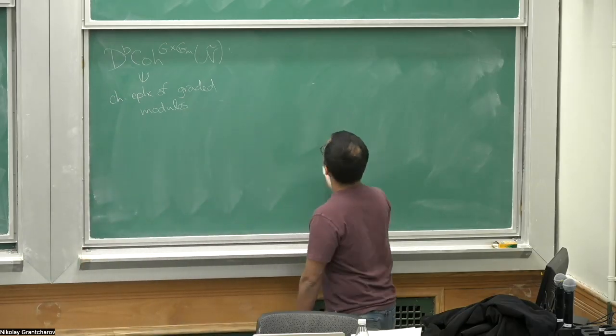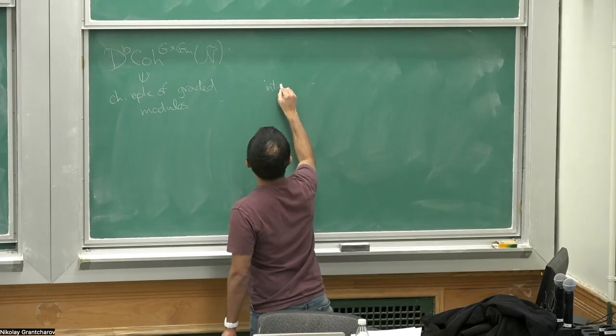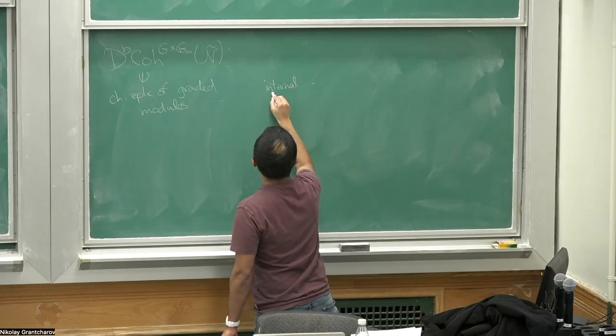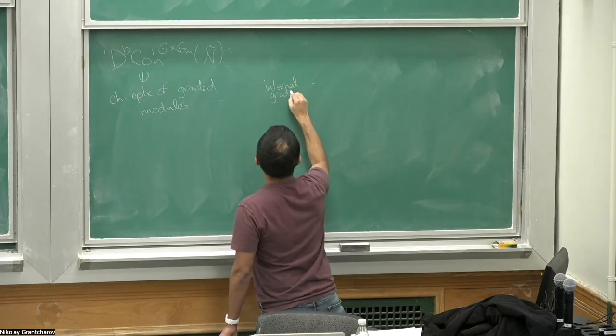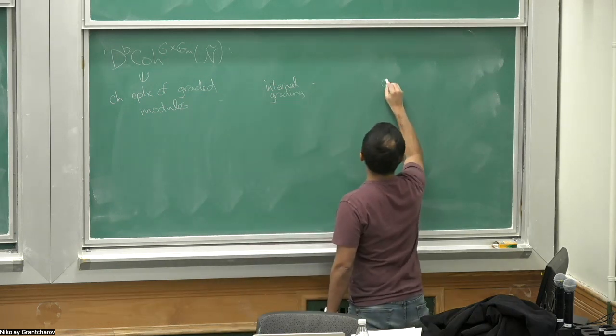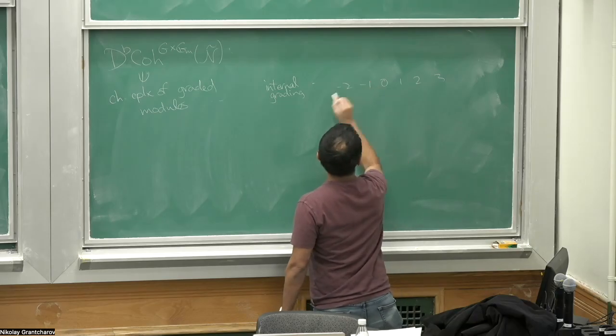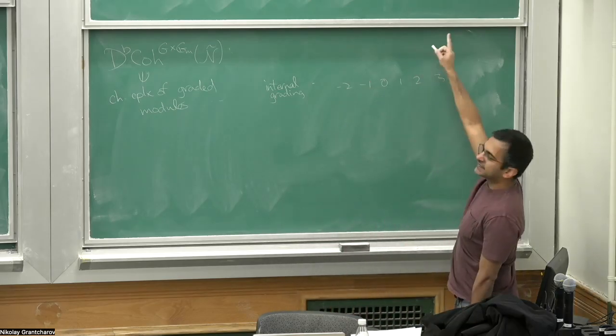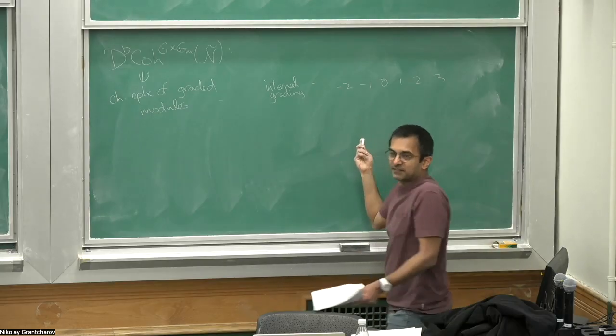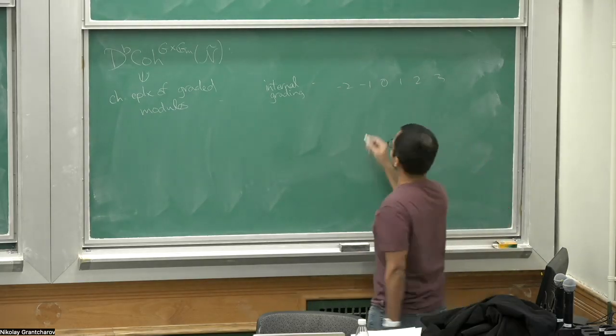And I want to draw a little picture here. I imagine an internal grading that goes like this. So of course the algebra itself is only in even degrees, but you can have a module over it that has even components and odd components.